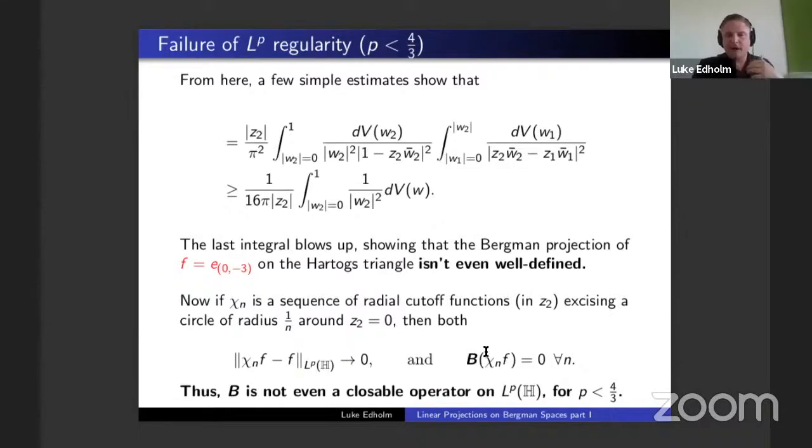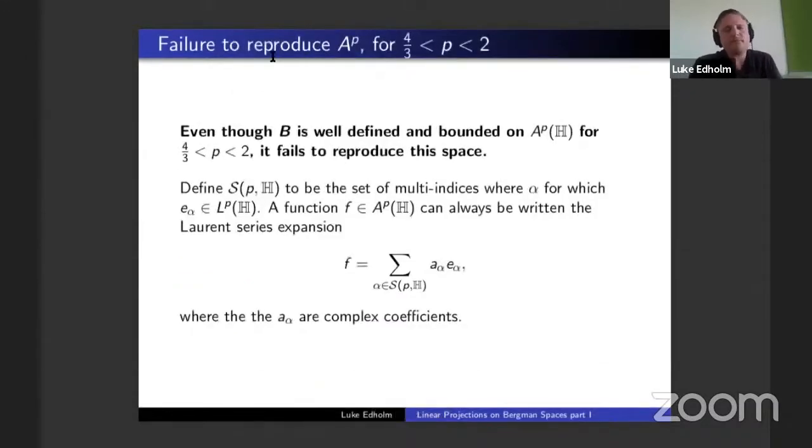And since we're cutting out the part where this is blowing up, by orthogonality the Bergman projection of this thing is always going to be 0, but in the limiting case, we can't even really talk about the Bergman projection of this function. And so it's not even a closable operator for p less than 4/3. So there are some serious deficiencies that we're looking at.